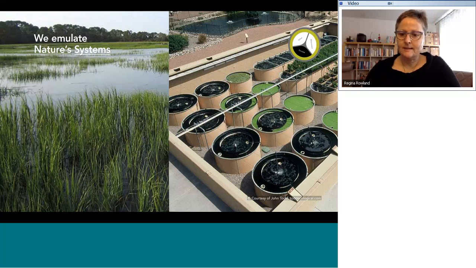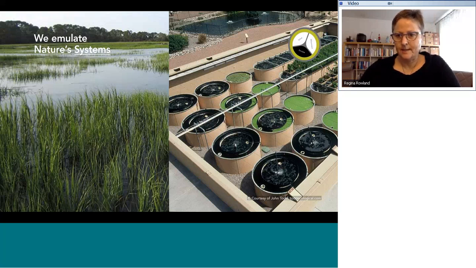And a US-based company, John Todd, developed the Eco machine, of which you see a picture on the right. And this is a sewage system where sewage is pumped in and then pumped through these particular containers that you see here that emulate, mimic, copy the way nature cleanses the water in an estuary.